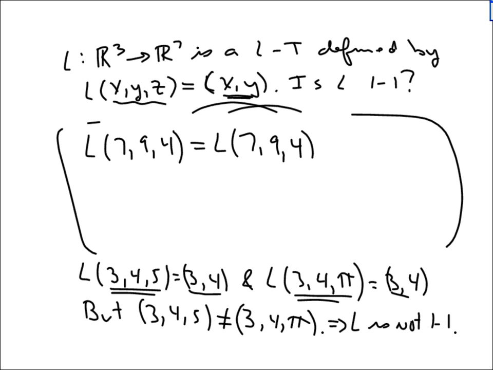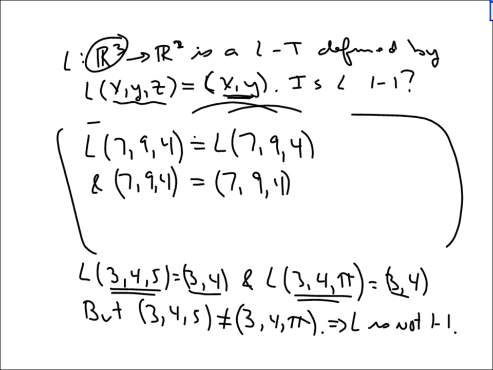And this is always going to be true so long as you're starting from R3. Well, of course it does. You rigged it to be that way. If you take L of the same thing, you're going to get equal. So no, you can't do that.